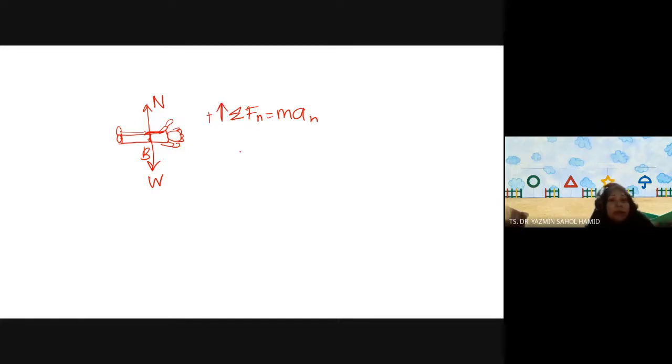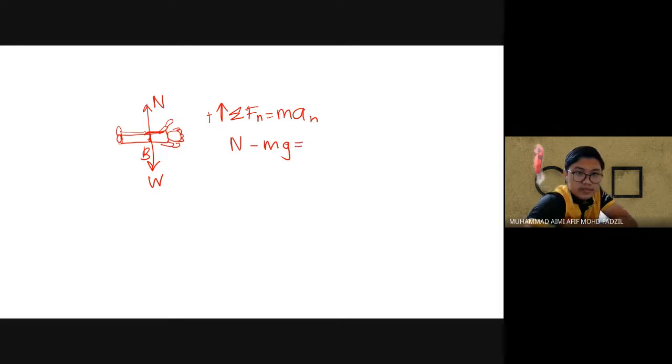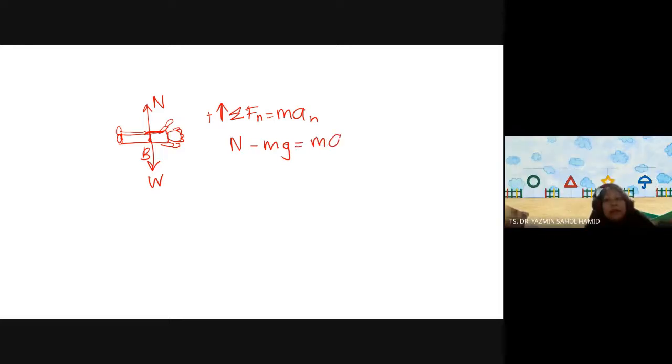So you get N minus weight equals to m a_n. Weight is just mg. So N equals to m a_n plus mg, right? Plus. Correct.